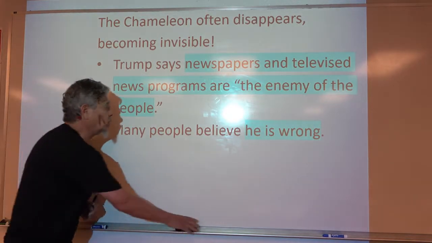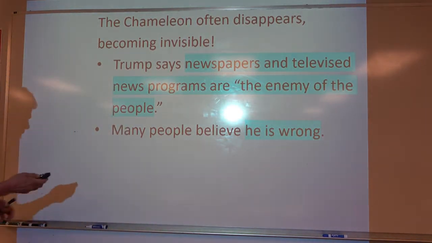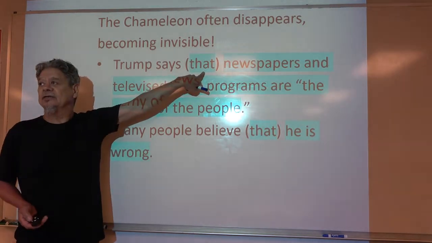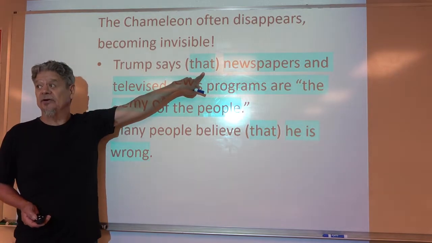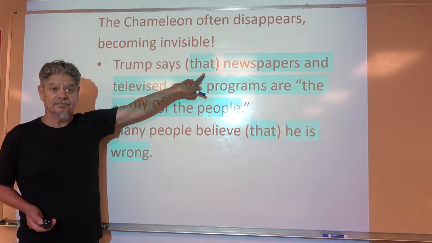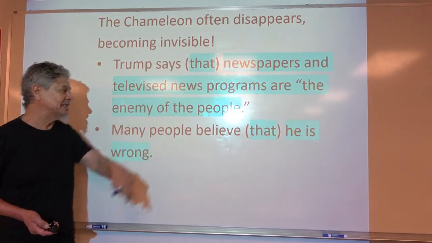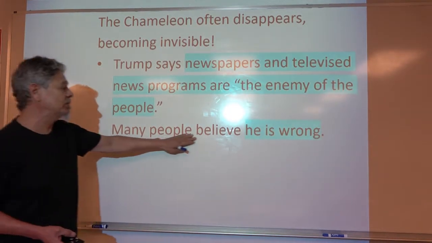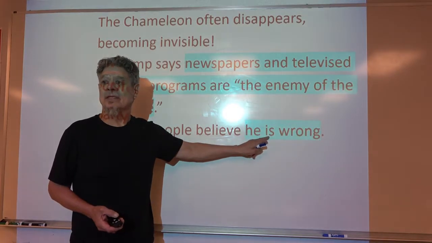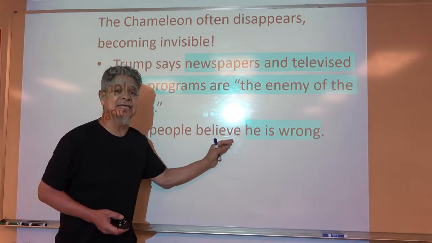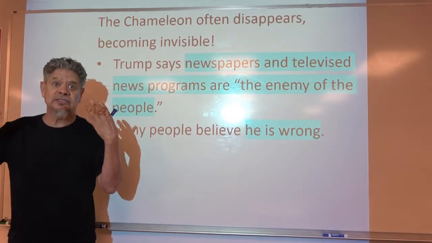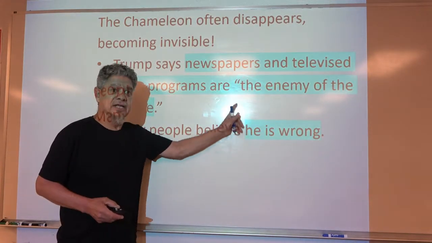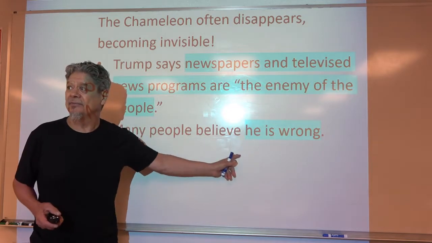Okay? So, you can see that the word that is there. It is understood. Okay? But sometimes we just don't see it. Here, many people believe he is wrong. So when you see a sentence like this, you have to ask, okay, what's happening here? Is this an independent clause, or is the chameleon right there?